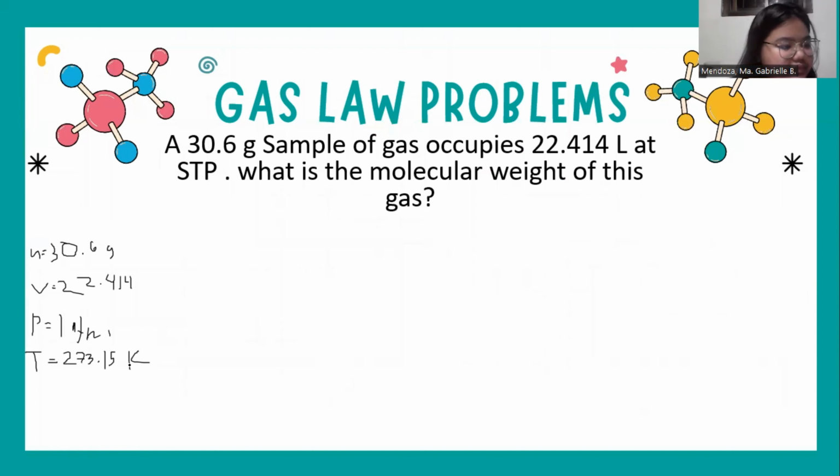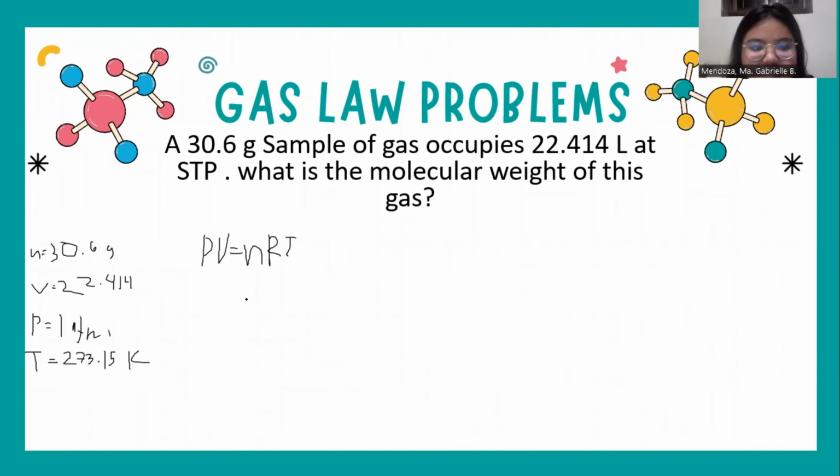Ayan. So, since meron na tayong ganyan, we can use the formula of ideal gas ulit. So, that would be PV is equal to nRT. Dito, we can substitute, no?